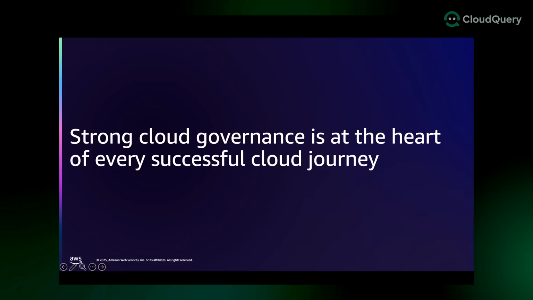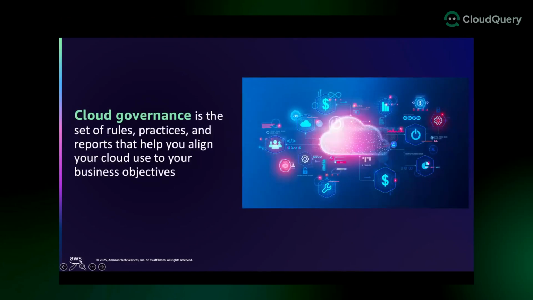It's really a message that I think resonates with both CloudQuery and AWS, and I think it fits really well into the definition of cloud governance, which is essentially a set of rules, practices, and reports that help align your cloud use to your business objectives. So whether that is your development team having a strict budget on how much they can use for a proof of concept, or giving your security team insights into what vulnerabilities you may have along your entire infrastructure.